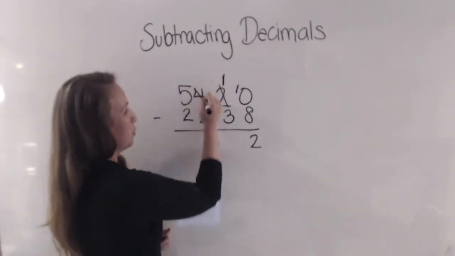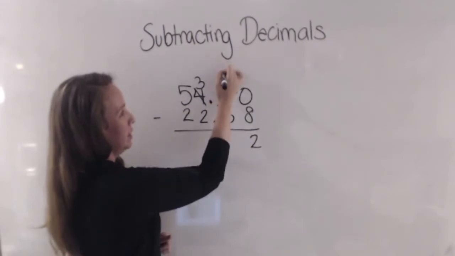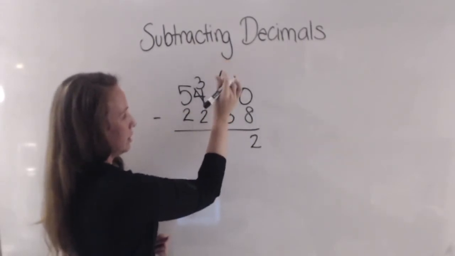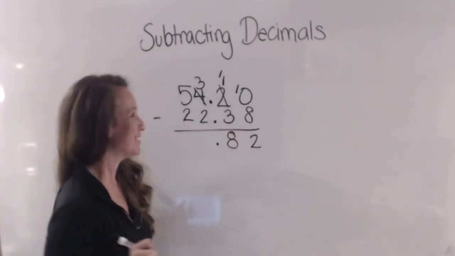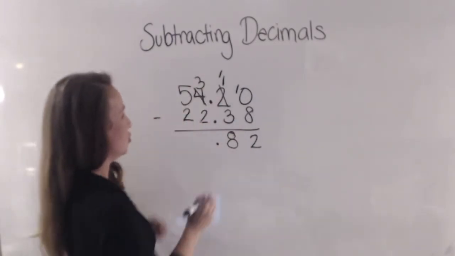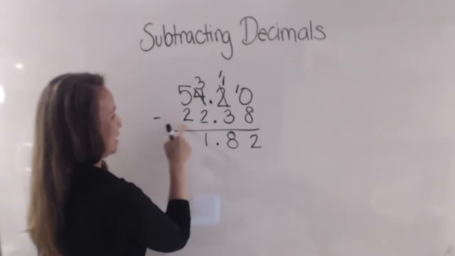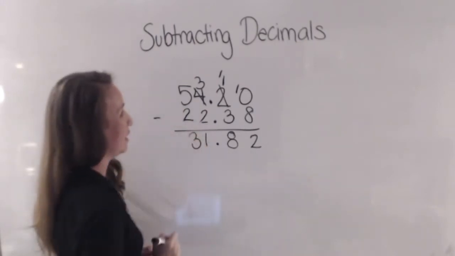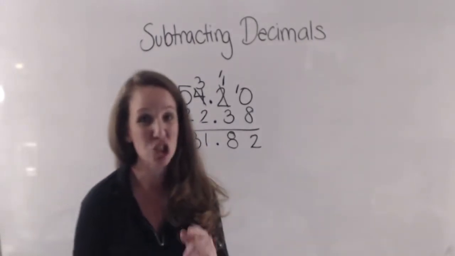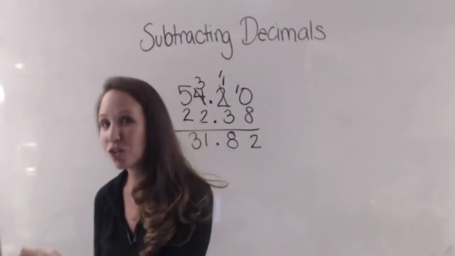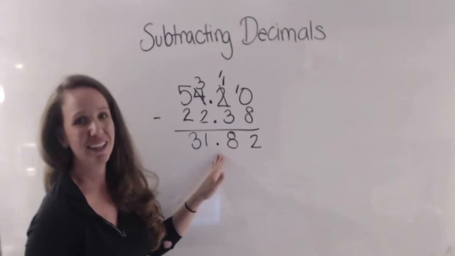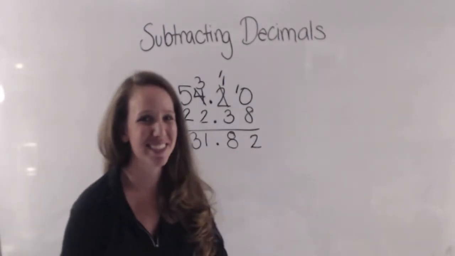I'm going to have to regroup again. So let's borrow from here and give it there. Now 11 minus 3 is 8. 3 minus 2 is 1, and 5 minus 2 is 3. So 54 and 2/10 minus 22 and 38 hundredths is 31 and 82 hundredths.